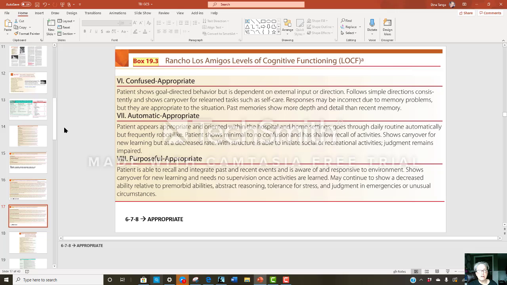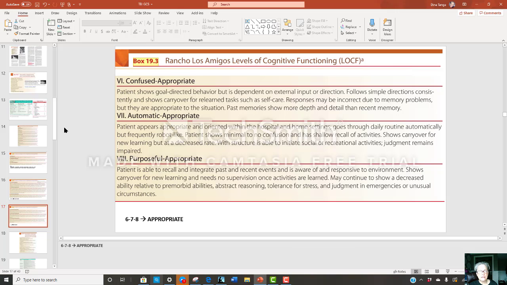Shows carryover for new learning, but at a decreased rate. With structure, is able to initiate social and recreational activities. Judgment remains impaired.